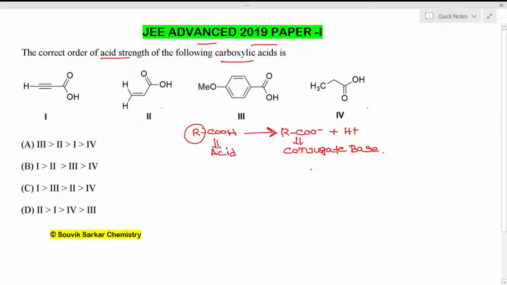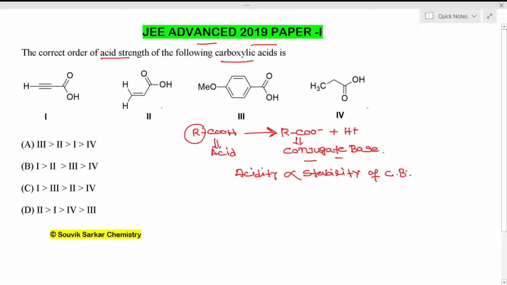To determine the acidity of this carboxylic acid, we have to determine the stability of this conjugate base, because the acidity is directly proportional to the stability of the conjugate base.